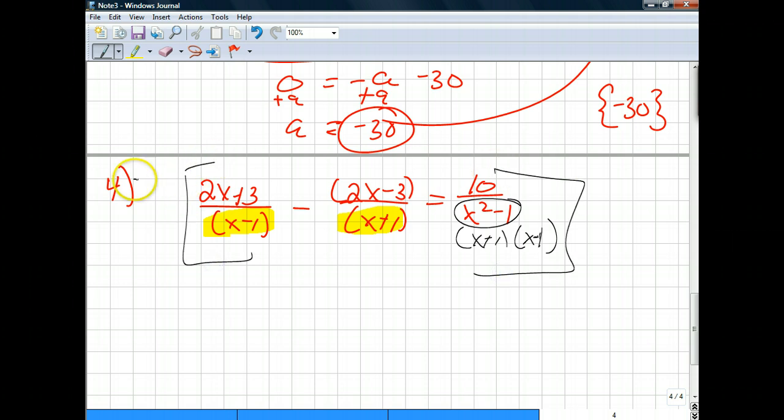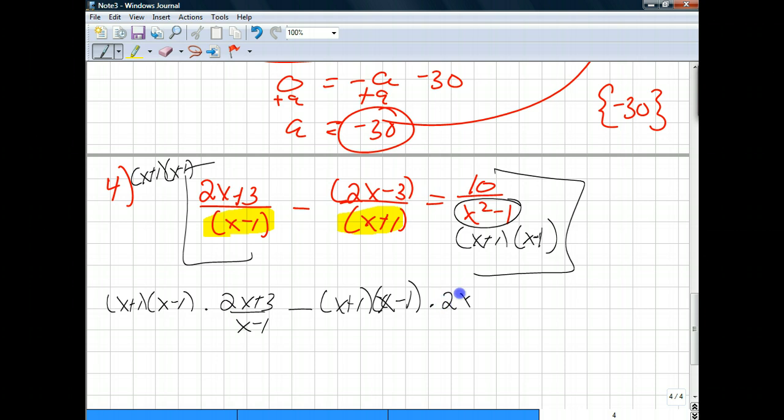So we multiply the whole thing by that. So we get x plus 1, x minus 1 times 2x plus 3 over x minus 1. X minus 1 times 2x minus 3 over x plus 1 equals x plus 1, x minus 1 times 10 over x plus 1, x minus 1.